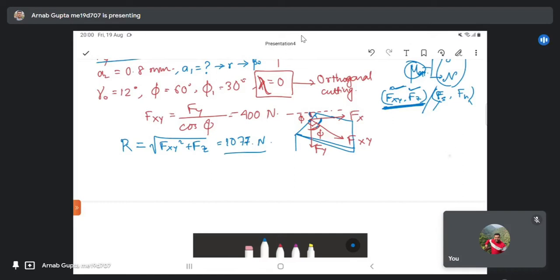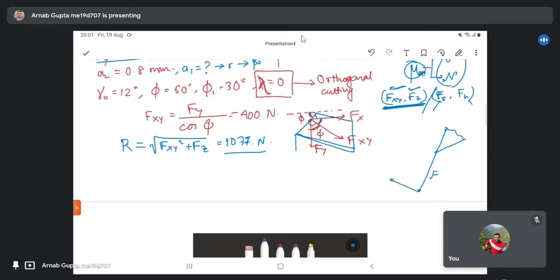If we draw the Merchant circle, this is my tool here. Along the rake surface, if we extend the line, we will get the friction force vector.